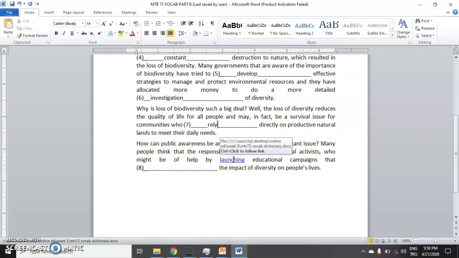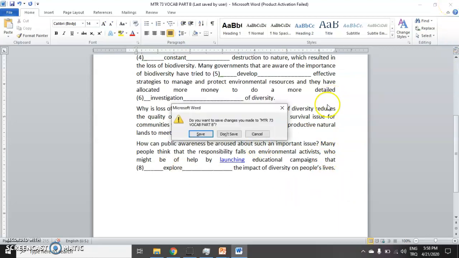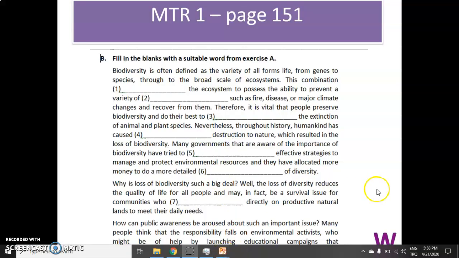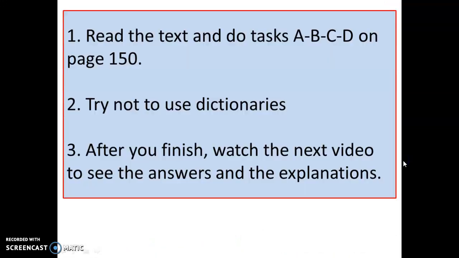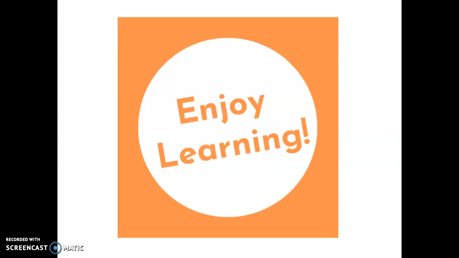Launch means start. Educational campaigns that explore the impact of diversity on people's lives. Okay, that's all from part B. Now, this was the vocabulary. Well done, everyone. Now I want you to read the text, do the tasks, and after you finish, watch the video for the answers. Okay, good luck and enjoy.